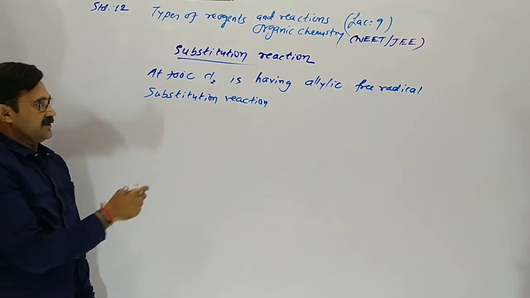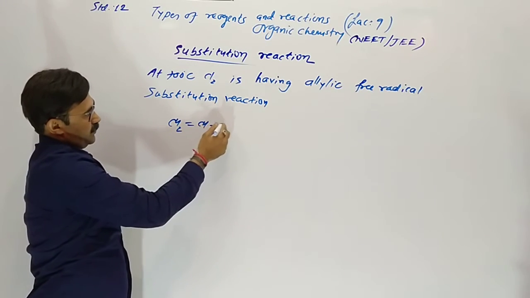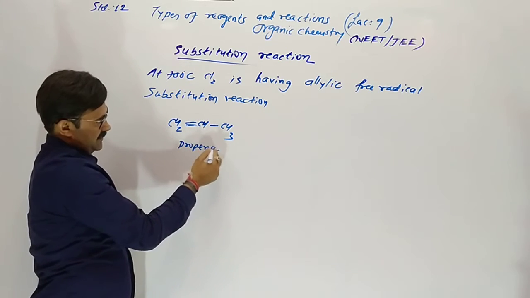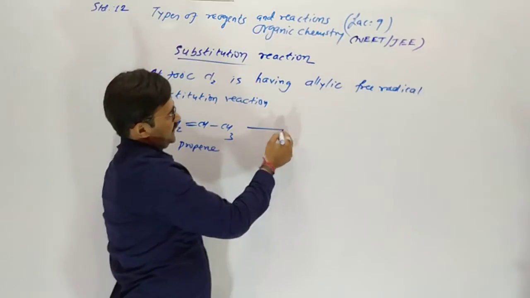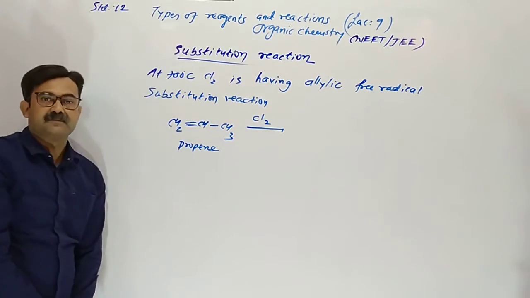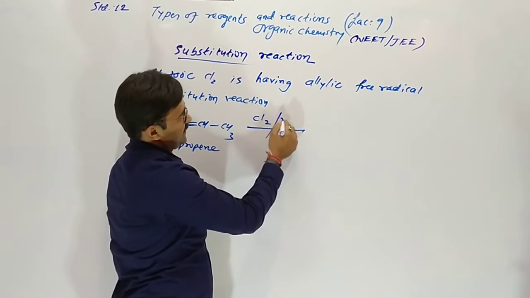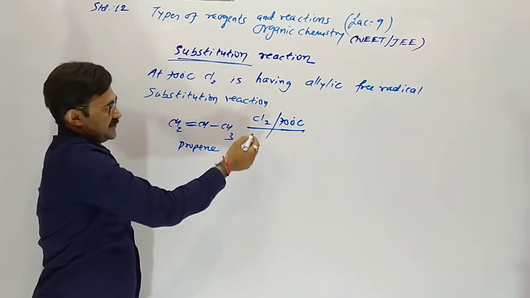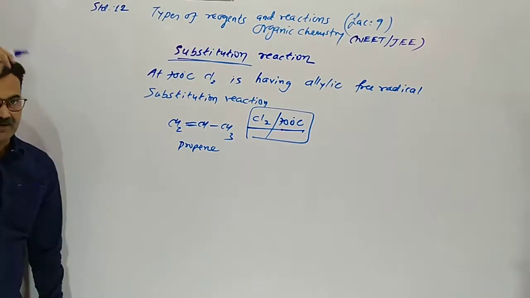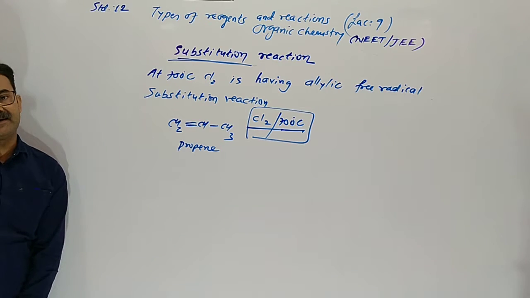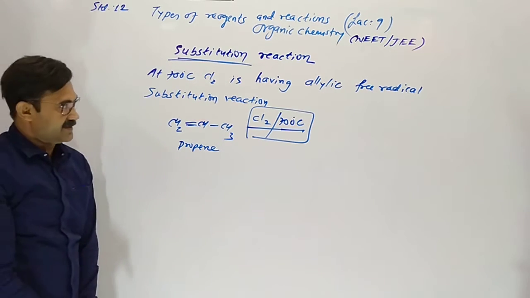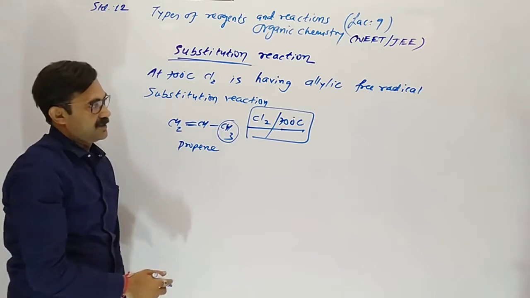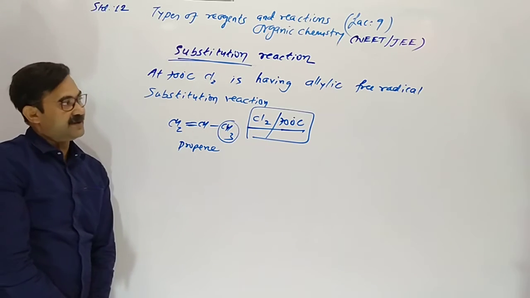I will give you an example. Propene, which is allylic, is taking reaction with chlorine at 700 degrees Celsius. So no addition occurs here, substitution occurs. Remember, at high temperature, 700 degrees Celsius, no pi bond breaks, but substitution occurs, which is free radical.